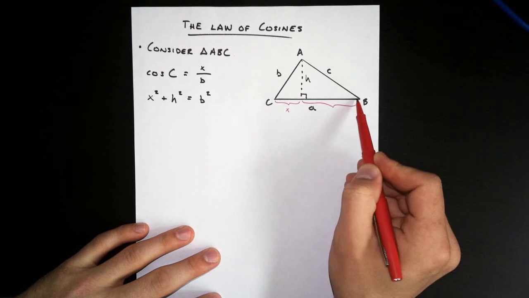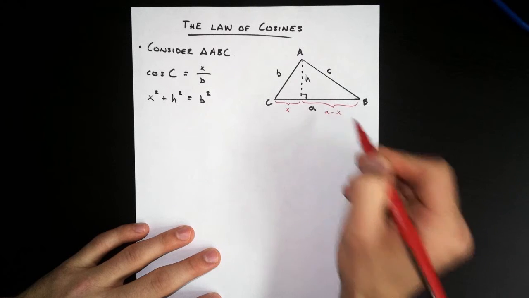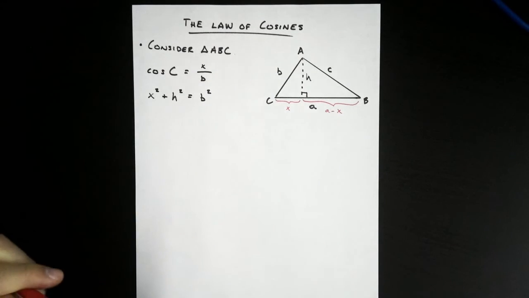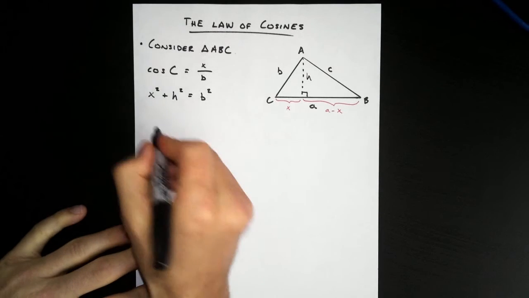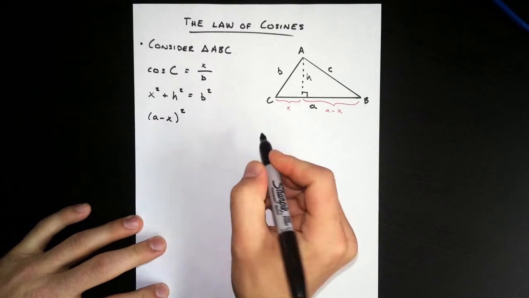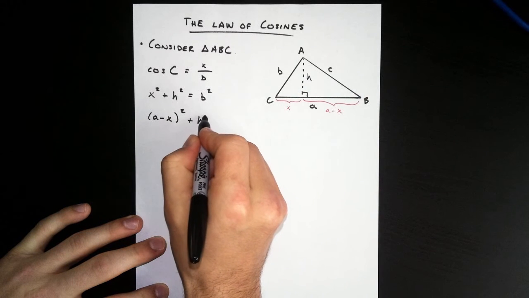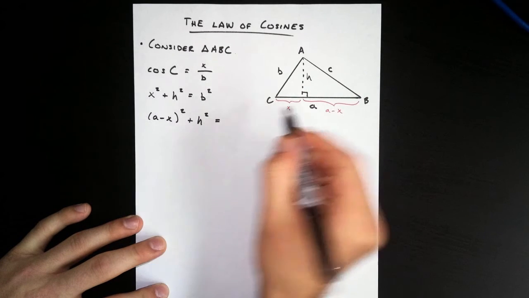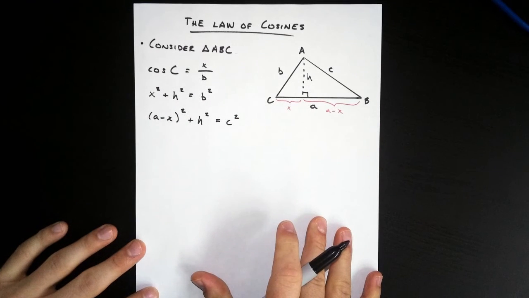From this altitude to B, this is going to be the leftovers, or a minus x. So then in the Pythagorean theorem, that is going to look like (a minus x) squared for one of the legs, our other leg is plus h squared, and that is equal to our hypotenuse, which is c squared.